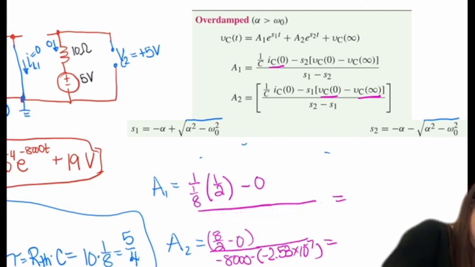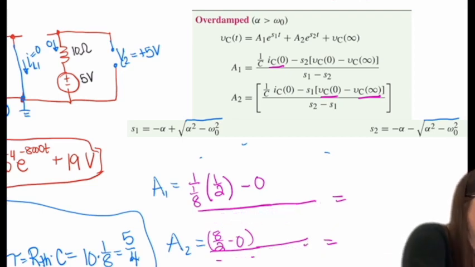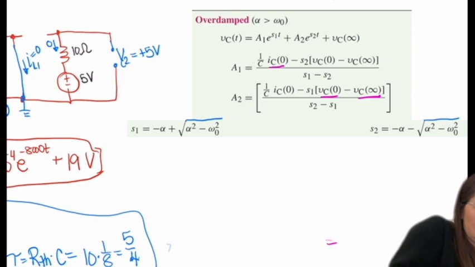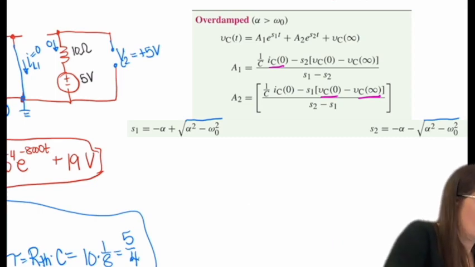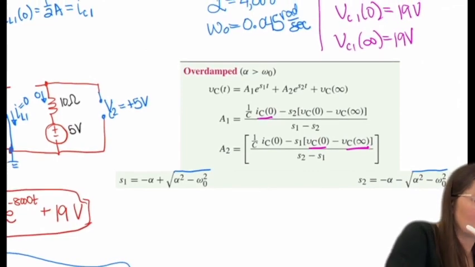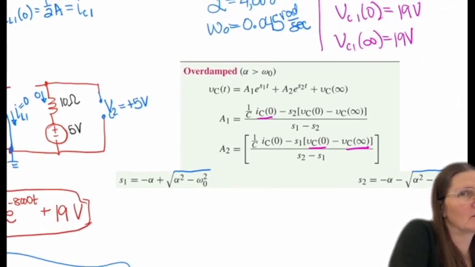So I don't know what A1 and A2 are. I will refigure these out and post the values, but from there, you're going to find S1, S2, and then plug them in for A1, A2, and then you're going to get your equation for VC of t.